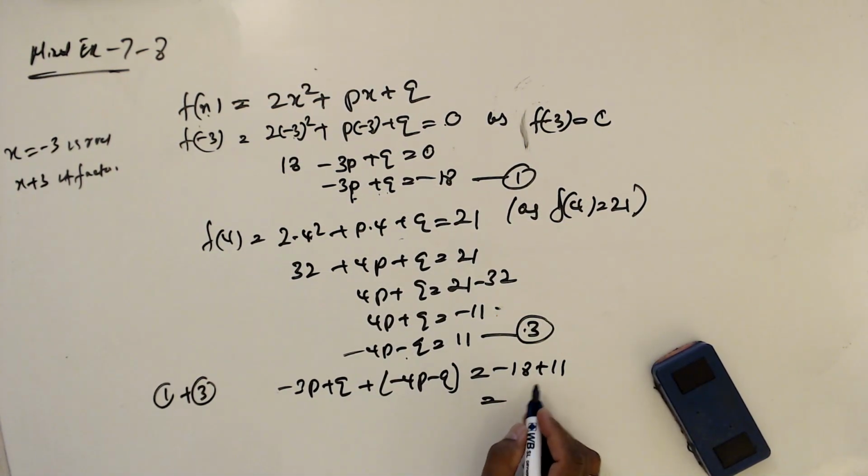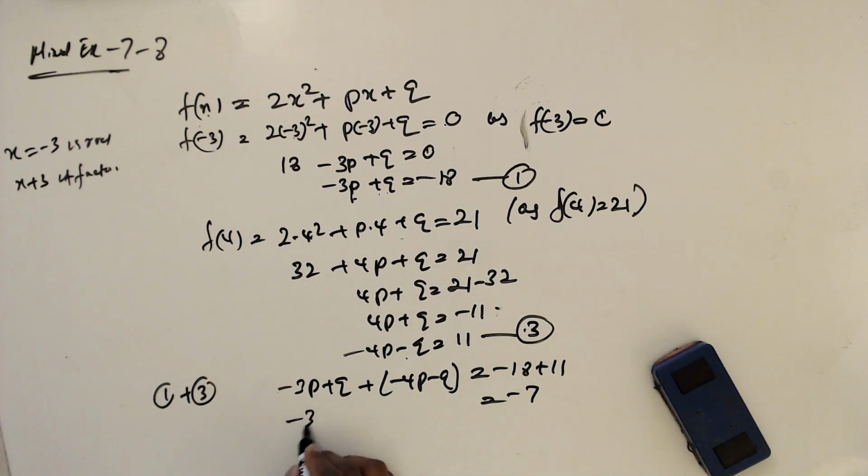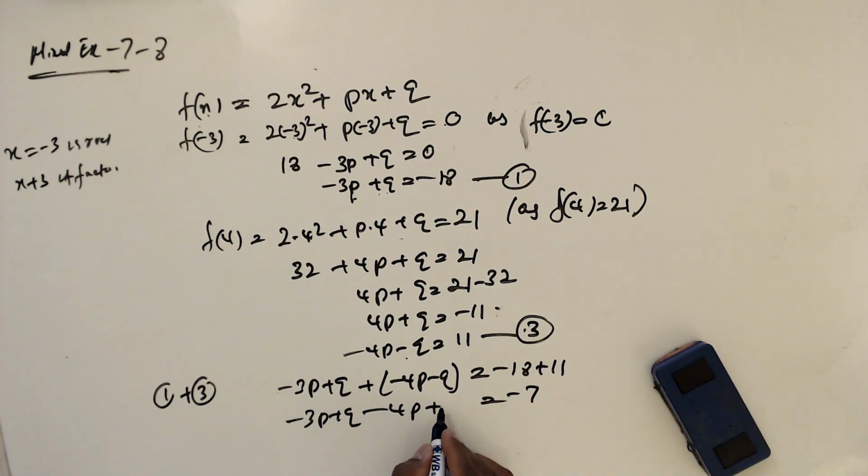So this is going to be minus 7, and this is minus 3p plus q minus 4p minus q. So minus q cancels out. Minus 7p equals minus 7. p equals 1.